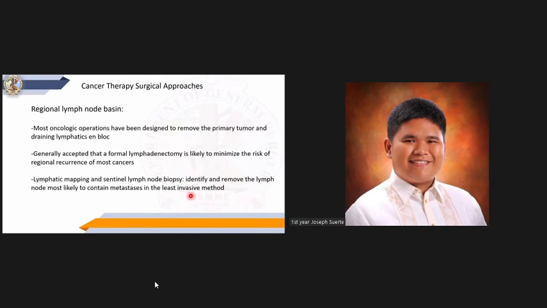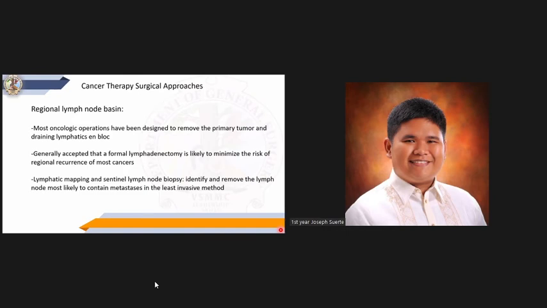So most oncologic operations are designed to remove the primary tumor and the draining lymphatics. So it's generally accepted that a formal lymphadenectomy is likely to minimize the risk of regional recurrence of most cancers. But current surgical approaches lean on conservative therapy.